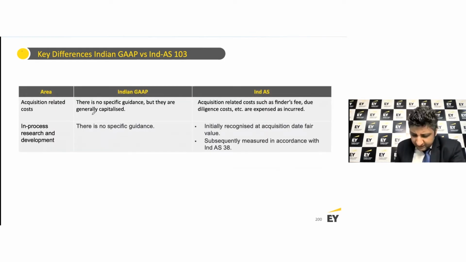Normally, under the AS framework, you would capitalize the acquisition related costs, but we dealt with that part. Any such costs of diligence, of consulting, or compliances, etc., are simply charged to the P&L as and when they arise. AS in general have been a little more specific, but the Ind AS is a bit more detailed, more comprehensive.